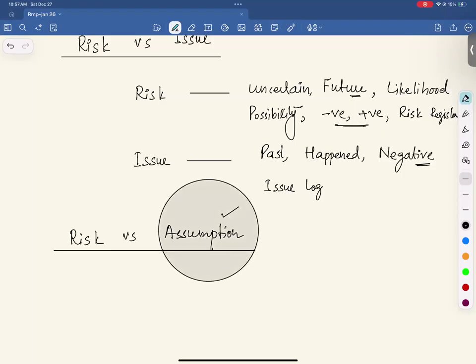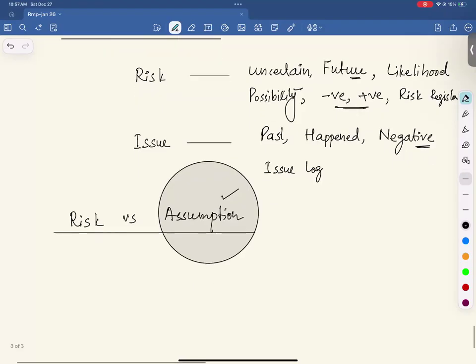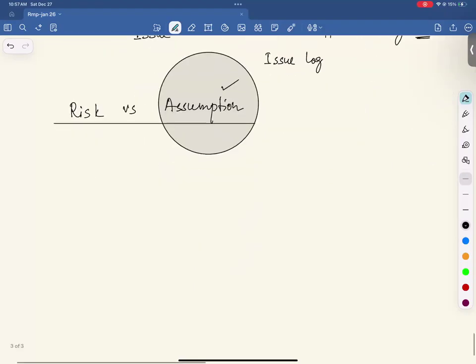During the planning phase, if we don't have historical data, we assume something to be true at that stage, so it can be a risk in future. Okay. What is assumption?